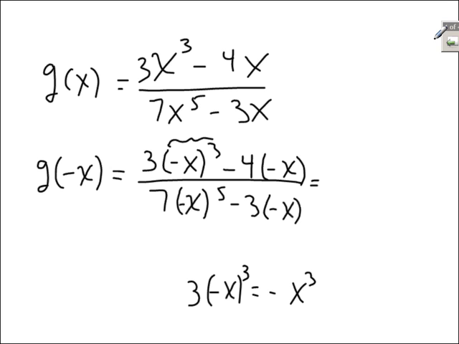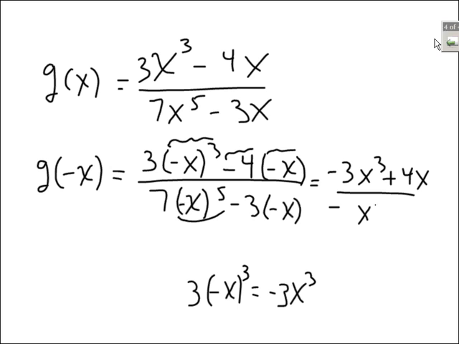And if you multiply by 3, you get negative 3x cubed. Negative 4 times negative x is positive 4x. On the bottom, negative x to the 5th is negative x to the 5th times 7. Negative 3 times negative x is positive 3x.